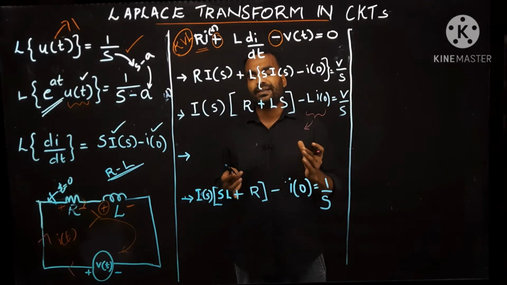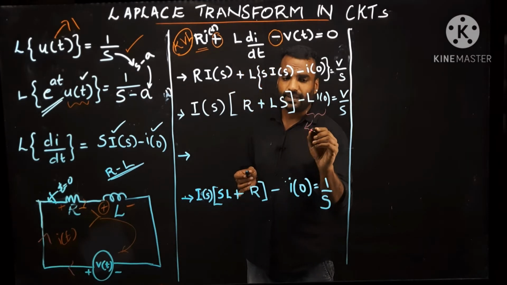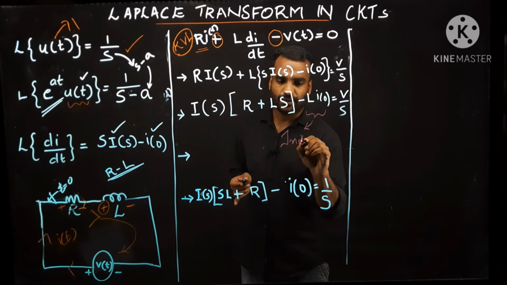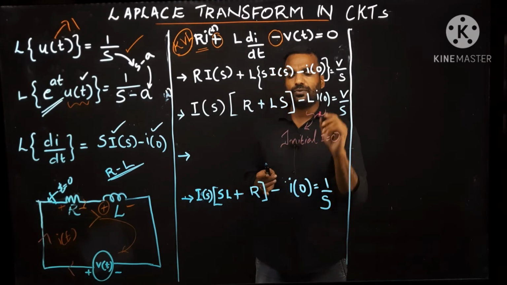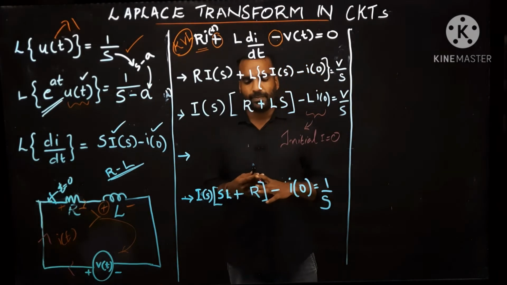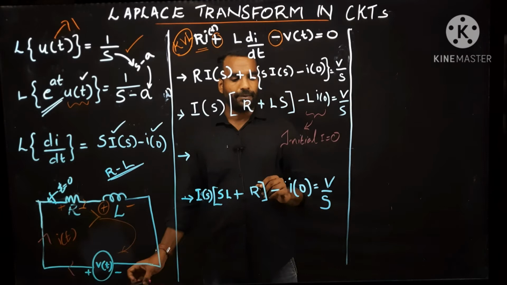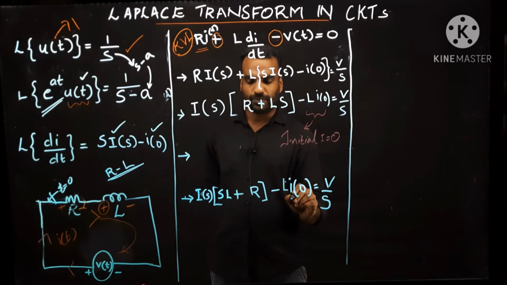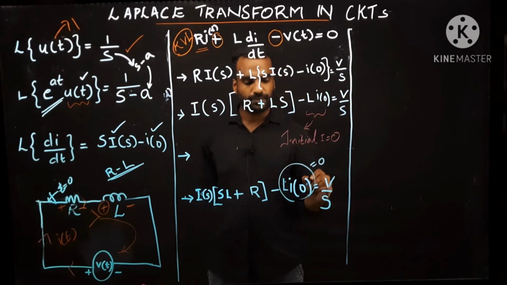But for obtaining some linear relationship and for some simplicity, for the time being, we are assuming the initial current is equal to 0. So, I0 may become 0 in the next step. So L into I0 is equal to 0.